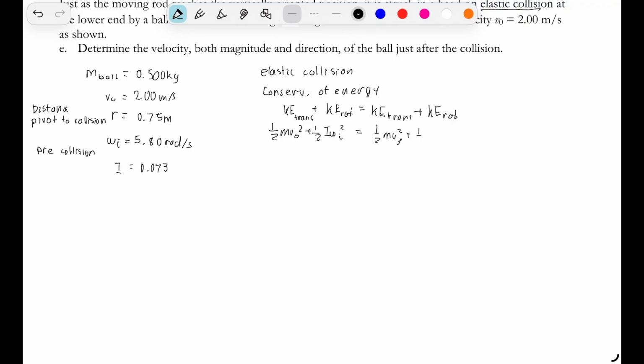So it's equal to 1/2 m v final squared plus 1/2 I omega final squared. Plugging in, we have 1/2 times 0.5 times 2 squared plus.